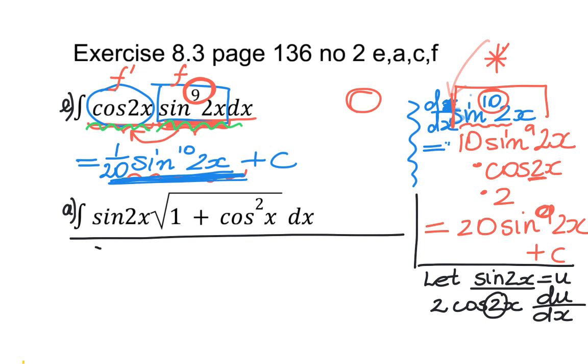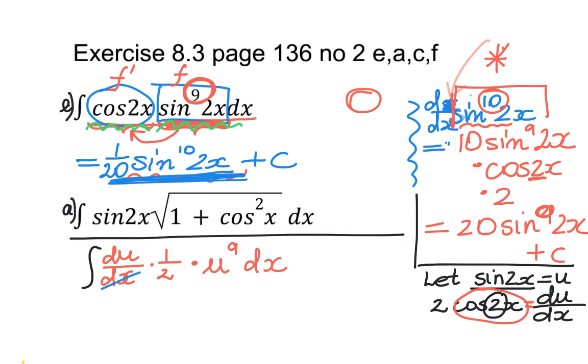Right, so I will have an integral. Cos of 2x is now a half du dx, from this step. What is sine of 2x to the power of 9? It will be u to the power of 9 times dx.